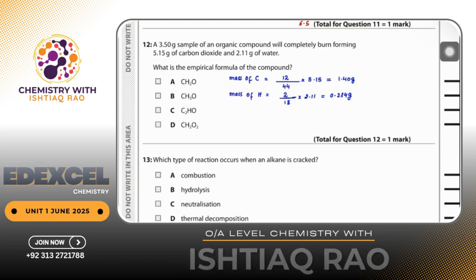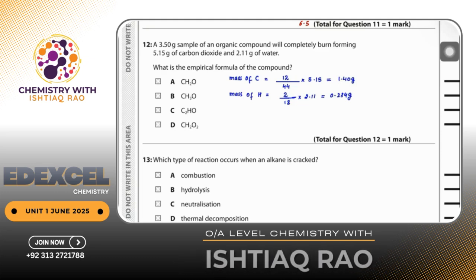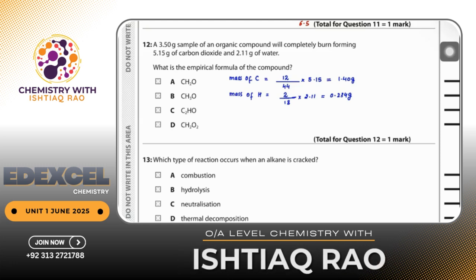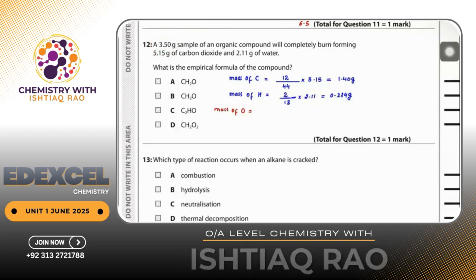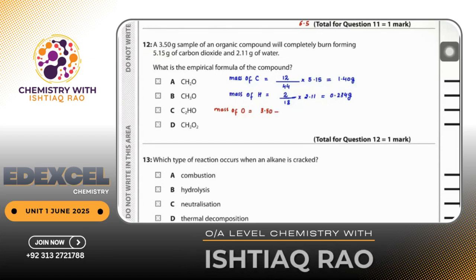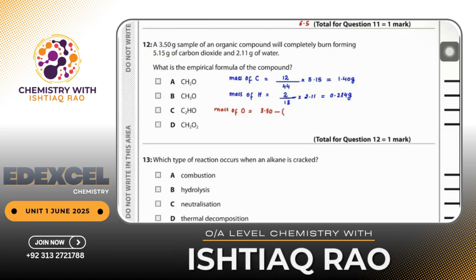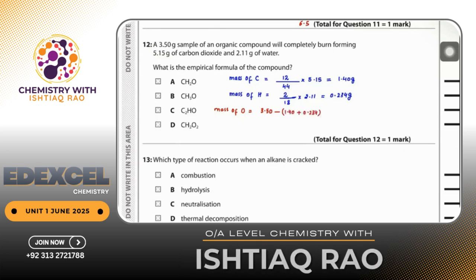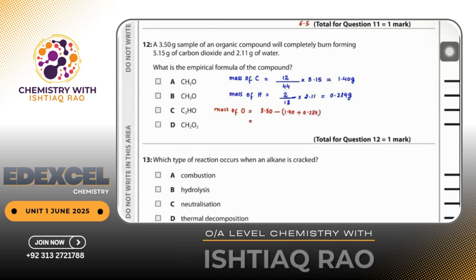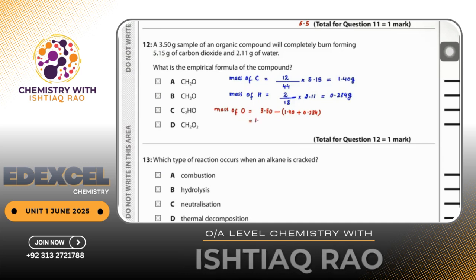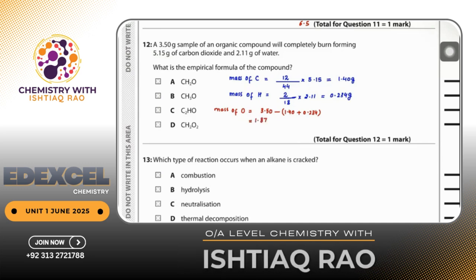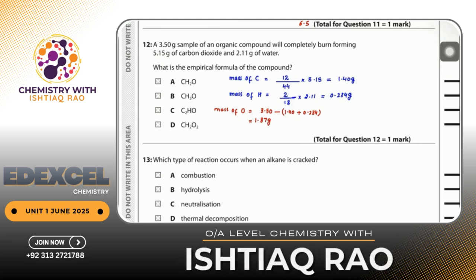To find the mass of oxygen, what we are supposed to do is take the total mass of the compound and subtract 1.40 plus 0.234. That will give you the mass of oxygen, that is 1.87 grams. In this way you can find the mass of oxygen.